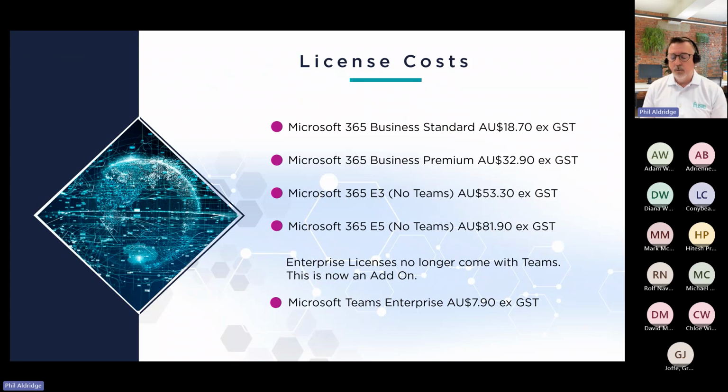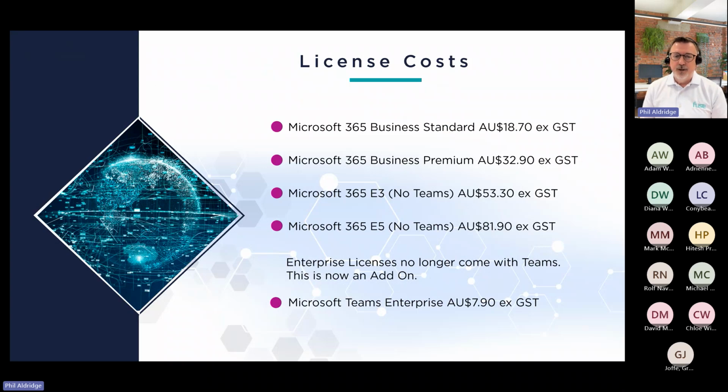I'm not going to talk about business basic. I'm not going to talk about E1. I'm not going to talk about the M licenses. But here you can see the different costs. This is correct at time of writing based on the recommended retail price that we have. And you can see that there's a big gap in the pricing.